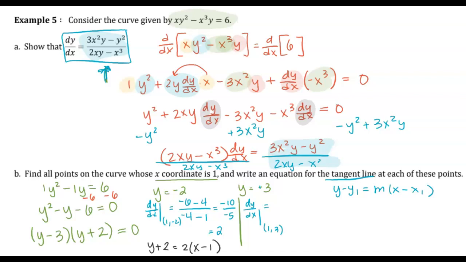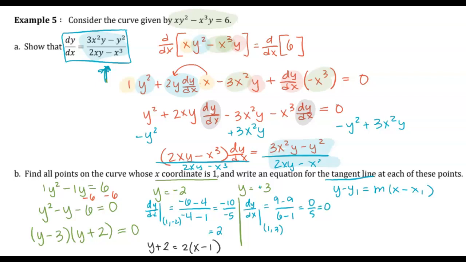We still have 3 times 1 times another 3, that's 9, minus 9. Well, let's make sure this isn't a 0 in the denominator, because then we'd have a vertical line, x equal to something. But let's double check. We end up with 2 times 3, which is 6, minus 1. So this is 0 over 5, which is just 0.